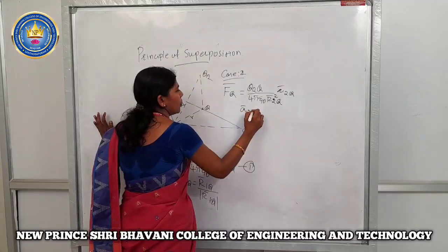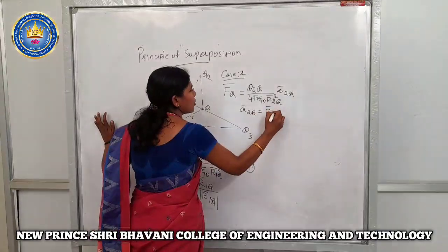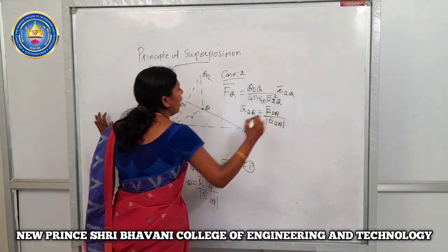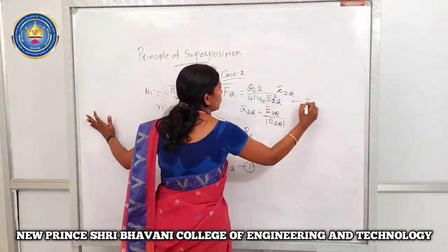Then again a bar 2Q is r bar 2Q divided by the modulus of r bar 2Q. This is equation number 2.